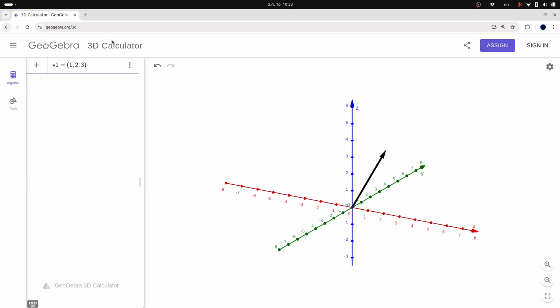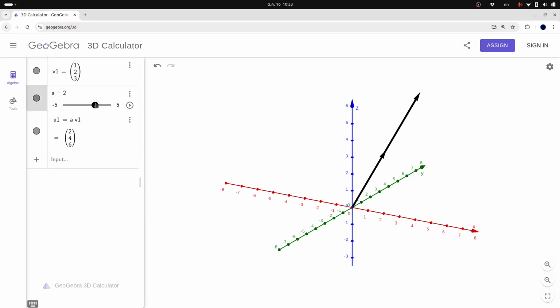This is a vector v1. Let me make a slider, say u1. Make it red.